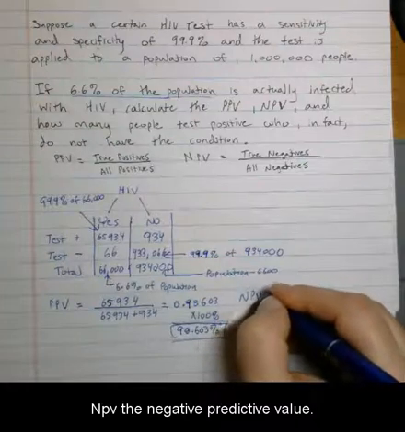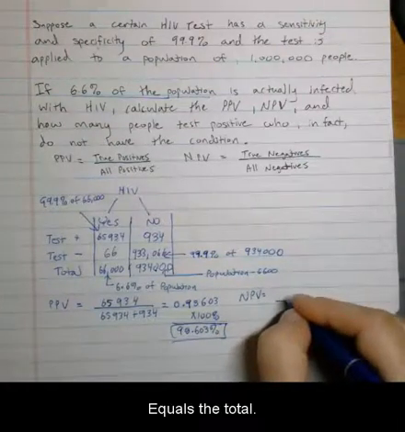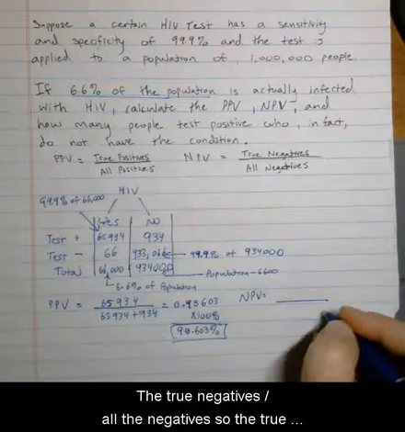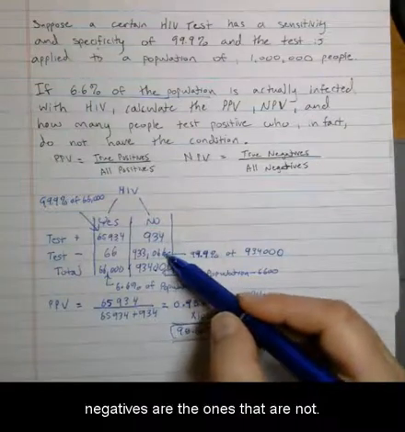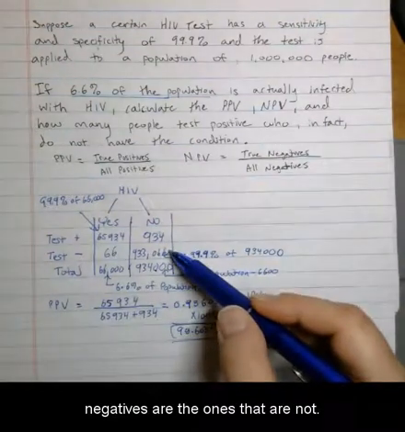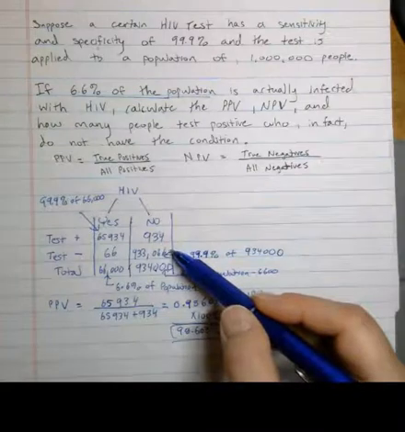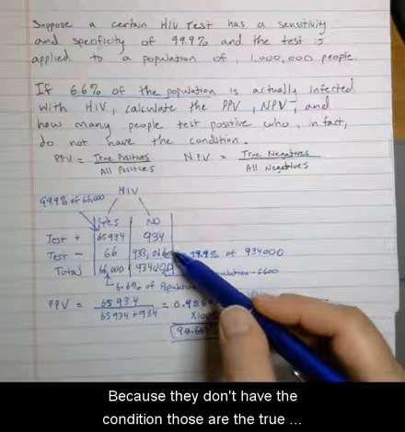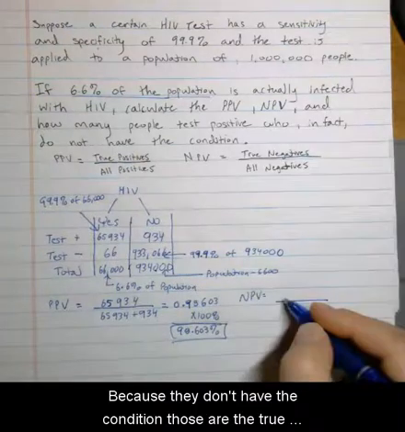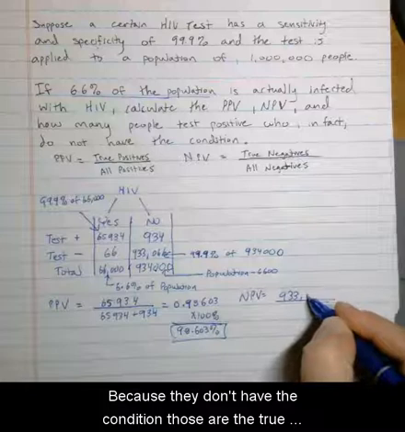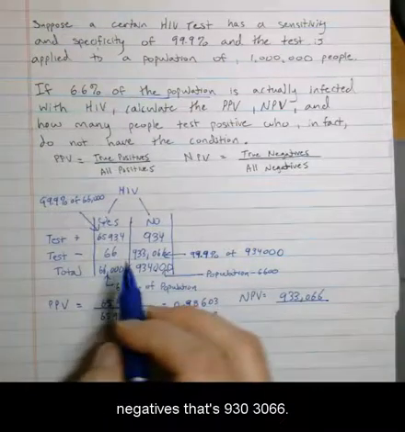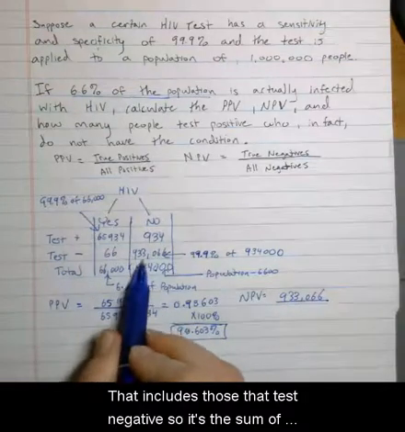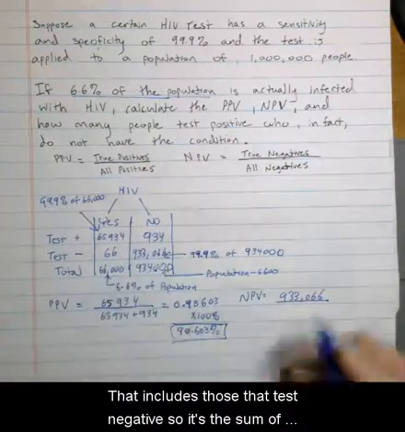NPV, the negative predictive value, equals the true negatives divided by all the negatives. So the true negatives are the ones that don't have the condition and also test negative. Those are the true negatives. So that's 933,066. All negatives would be everything in this row that includes those that test negative. So it's the sum of these two values here.